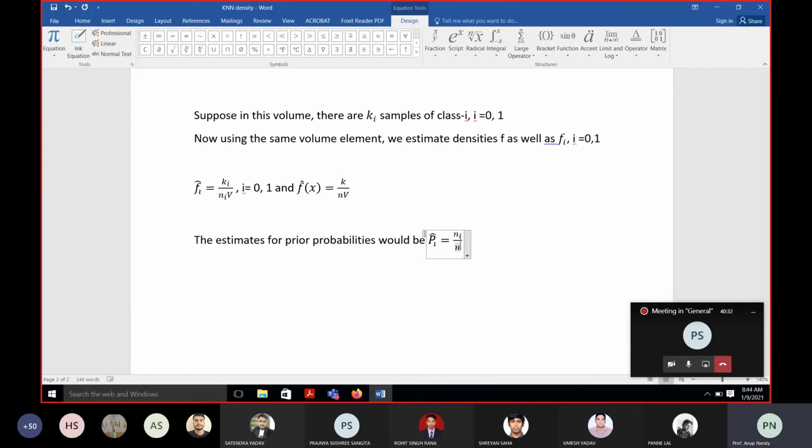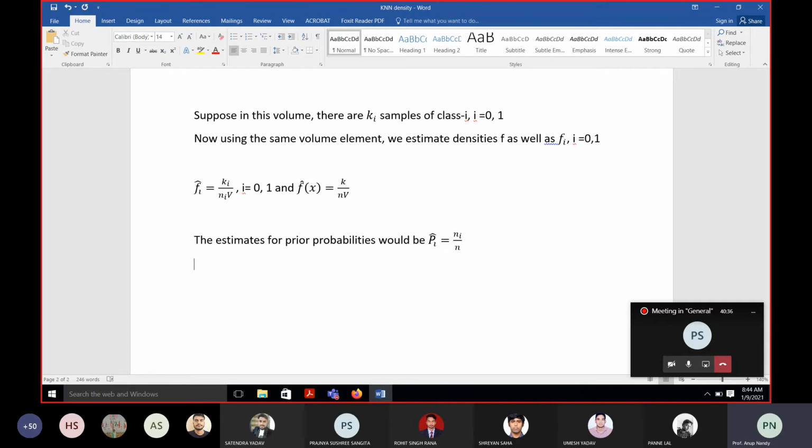Should be Ni by N. Now, using the estimate, you have to compute this posterior probability.